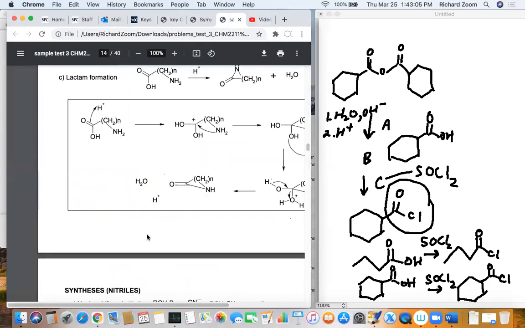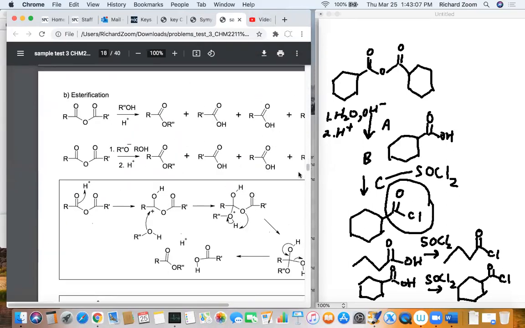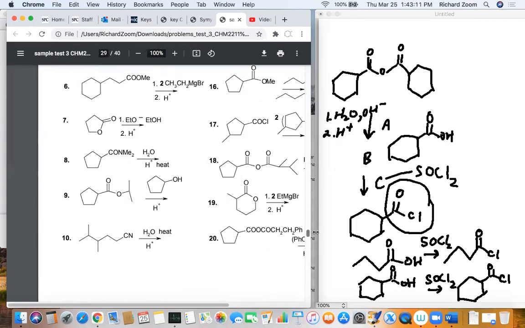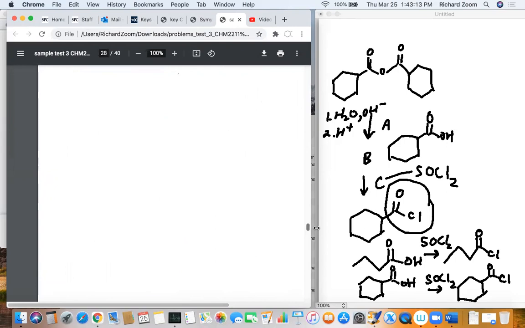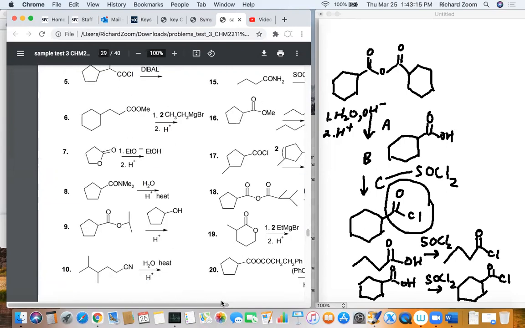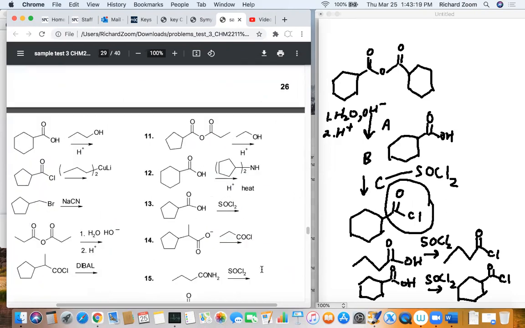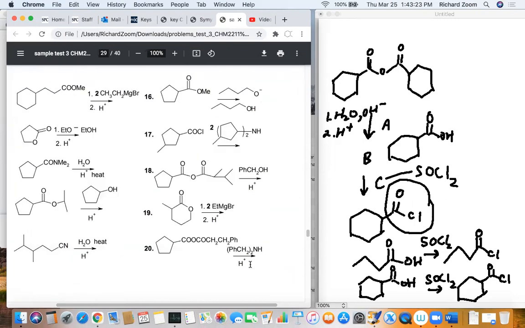The best method is to do these problems that are at the end of the blue book here, starting on page 22, or 20, I don't know, the page is misnumbered here.